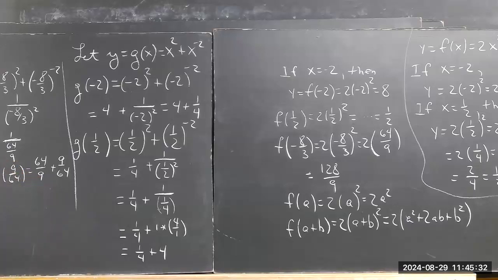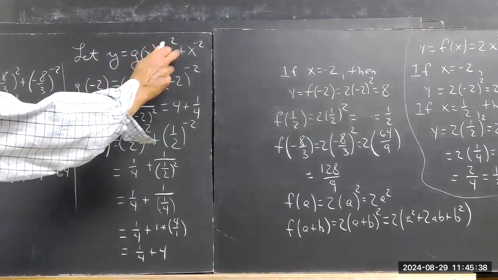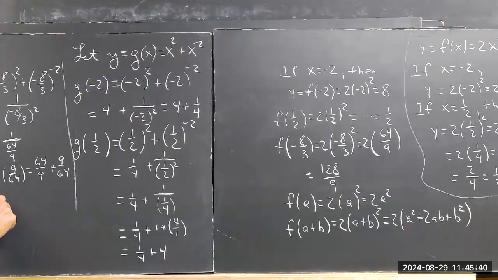Then what's after that? For g of a, well, I replace x by a, and I get g of a equals a squared plus a to the -2, which is a squared plus 1 over a squared. Not much more to say about that, except you could use the common denominator to get a to the 4th plus 1 over a squared.